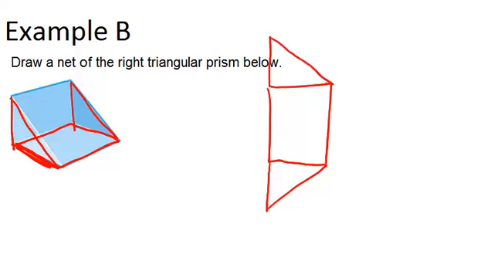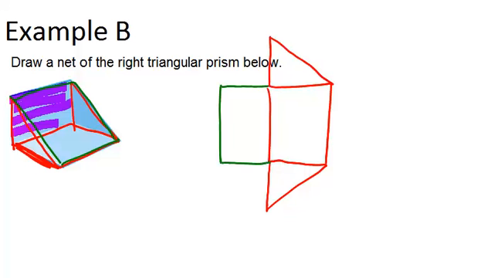And then coming off of the other 2 edges are each rectangles. So that gives you this face in the back, but also this face along the front. So we need 2 more rectangles. And it looks like this one along the front is bigger, so I'm going to make that slightly bigger in my net.